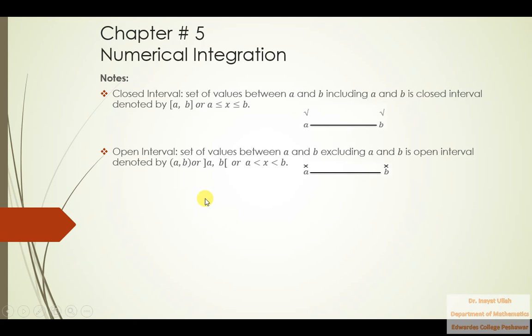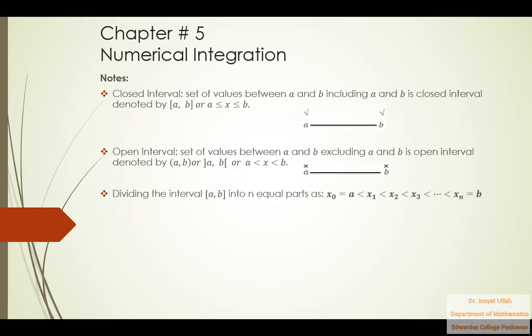This open interval is denoted by a comma b within parentheses, or you may write it with the square brackets reversed, or in the form that x lies between a and b, but a is not included because there is no equal sign here. In a closed interval, the equal sign is there, so a and b are included. But in an open interval, a and b are excluded, so there is no equal sign.